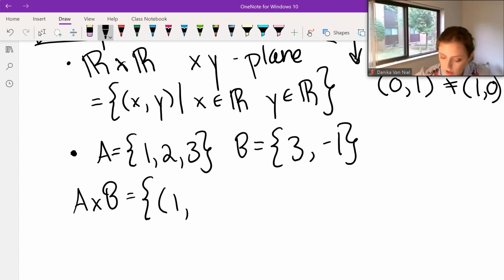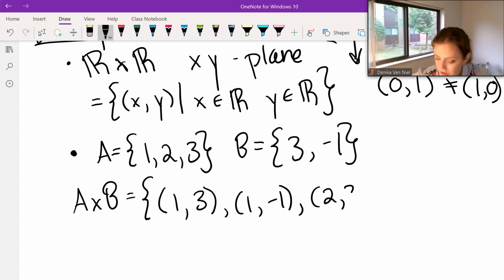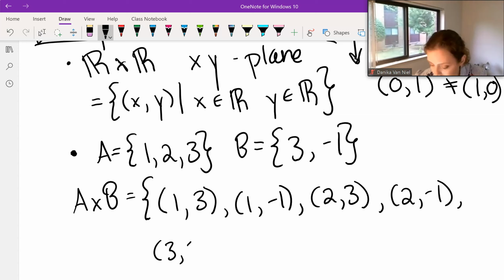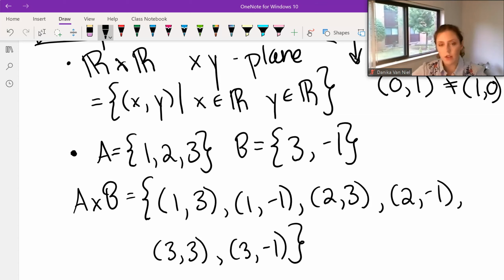Let's do it. So (1, 3), (1, -1), (2, 3)... Remember, it doesn't matter what order you write them in. I like writing them systematically like this, just so I don't forget one. (3, 3), and (3, -1). Okay, so that's our set.